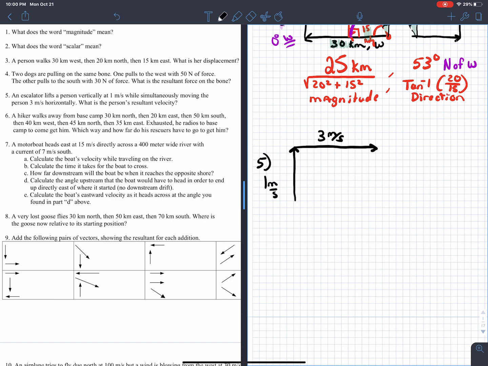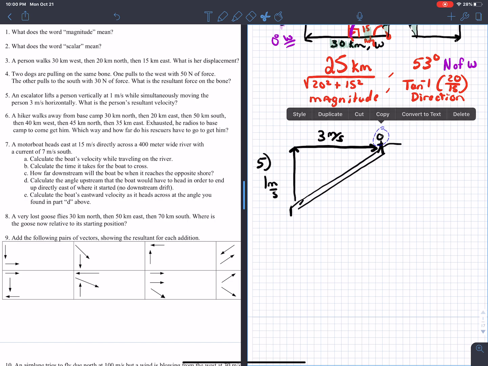So the escalator, if you could imagine it, okay, you see how bad my artistic ability is. If this is the escalator, you have a person that's standing on the escalator, and as the escalator moves upwards, it's also moving forwards at the same time.